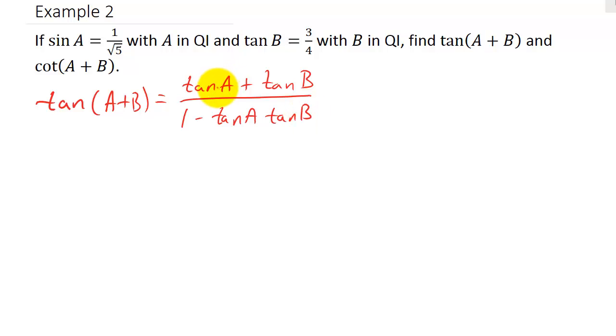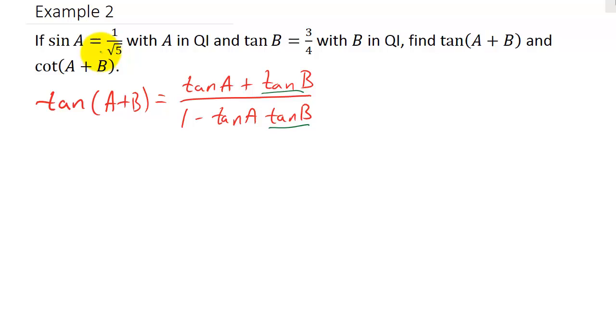We need tangent A and tangent B to plug into the formula. I have tangent B. I know what that is. That's 3/4, so I can just plug 3/4 in for tangent B. But I have to figure out what tangent A is.